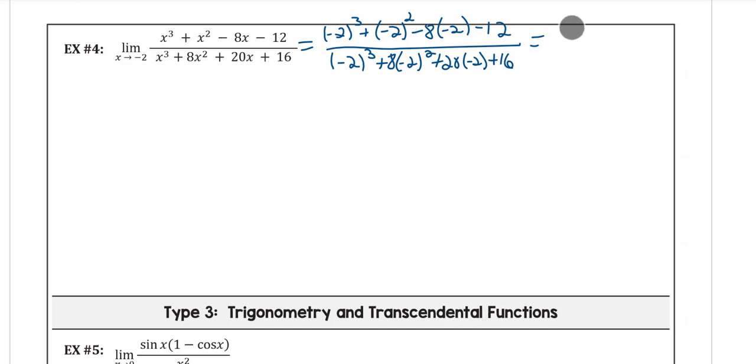So we get a 0 here. And then same thing in the bottom, we have negative 8 plus 32. So that's 24 minus 40 is negative 16 plus 16, so this is 0. So this is the indeterminate form.